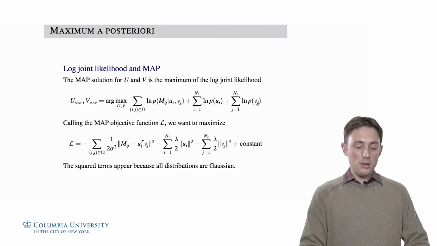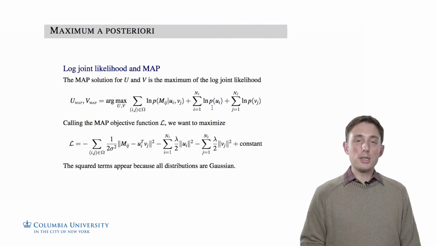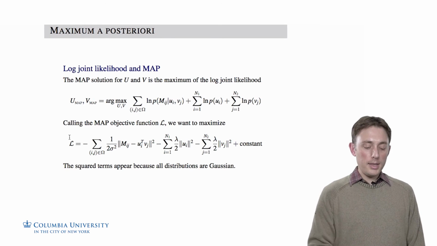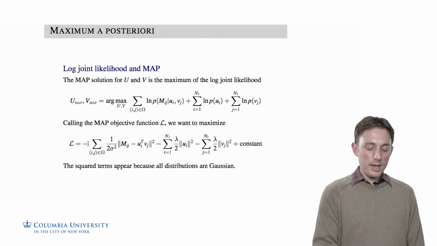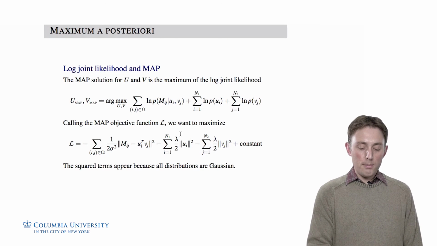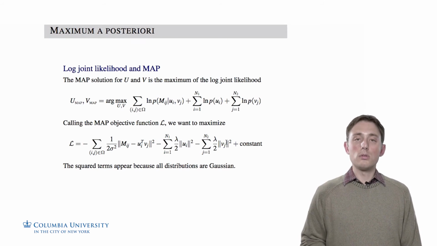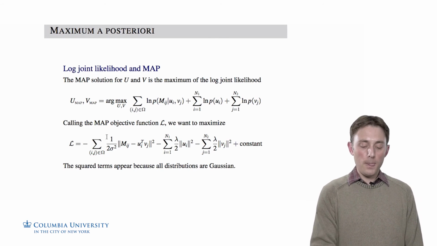So we'll plug in what these distributions are, call this objective L, and what we find is that L is equal to this. So we have negative a sum of a squared error term minus these additional regularizations. So this is the log of the joint likelihood when we plug in.